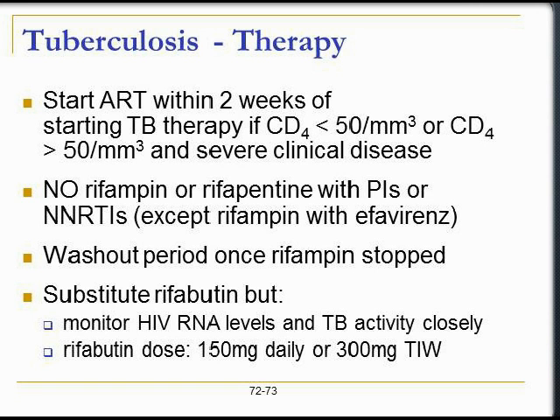You need to use rifabutin instead. And if the patient is on rifampin before you start any of those, there needs to be a washout period where the effects of the induction by rifampin have gone away. So you can substitute rifabutin, but you need to monitor HIV RNA levels or viral loads very closely in those patients, and the dose is 150 a day or 300 3 times a week.